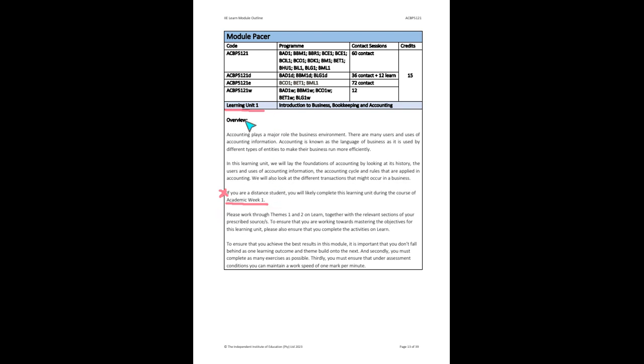This first learning unit is really, as we've said before, just a bit of theory, introduction, background, but it is important and you must read it. And then, as we have also discussed, on the second page of our module outline, they give us our learning objectives. So we've got 2 themes in LU1.